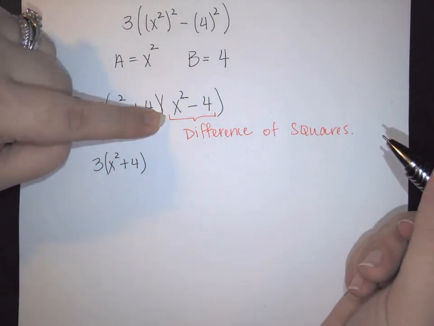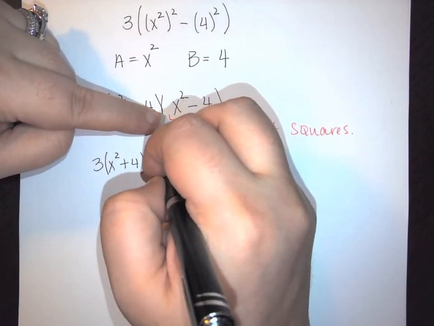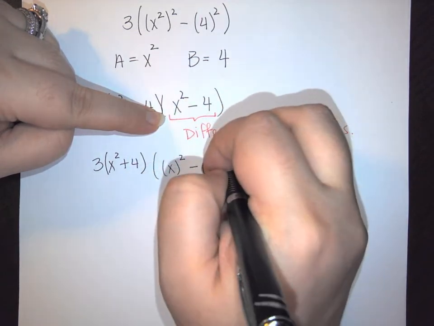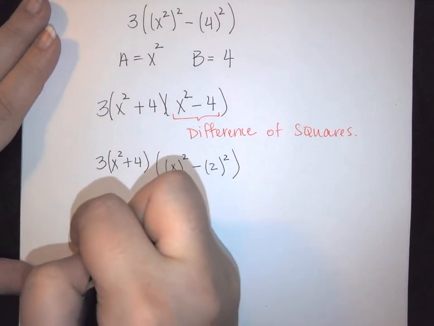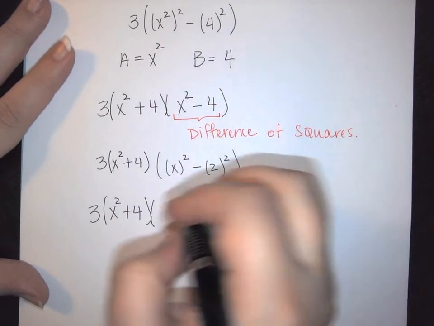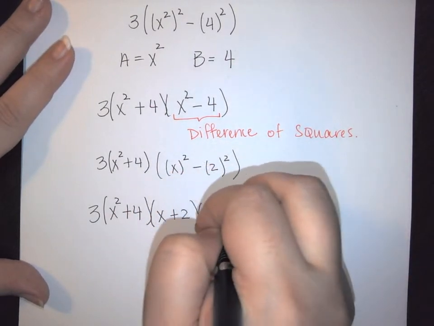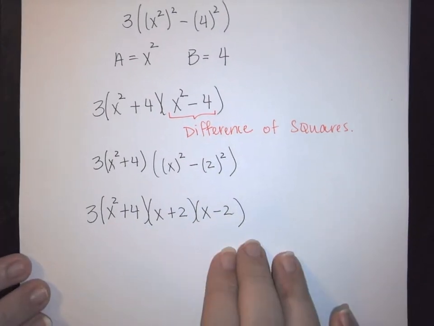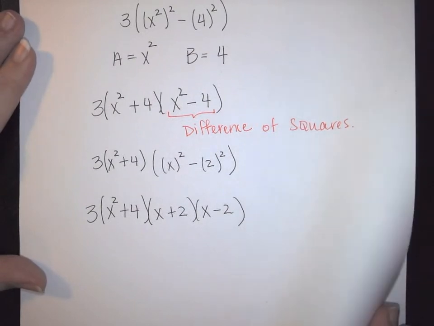And then here, my difference of squares is going to be x squared minus 2 squared. Again, to finish it out, this is going to be x squared plus 4, and then I'm going to have x plus 2 times x minus 2. Since I cannot reduce any of these factors any further, we're done.